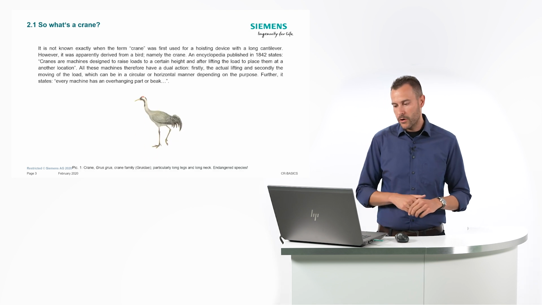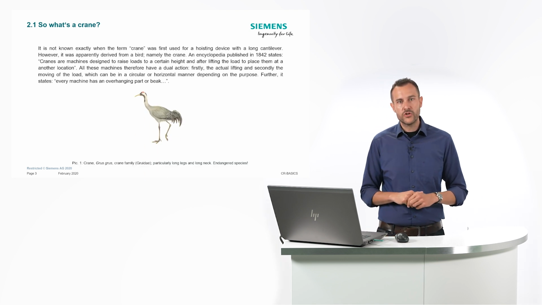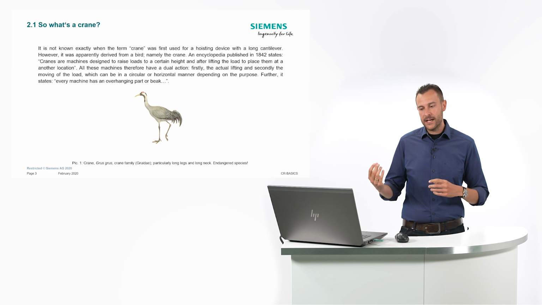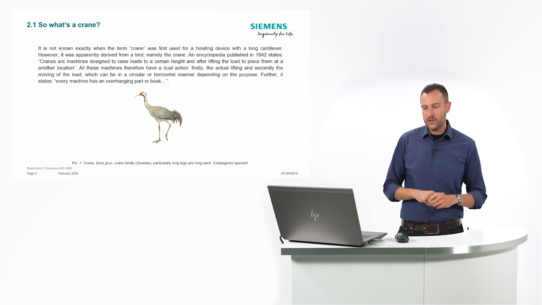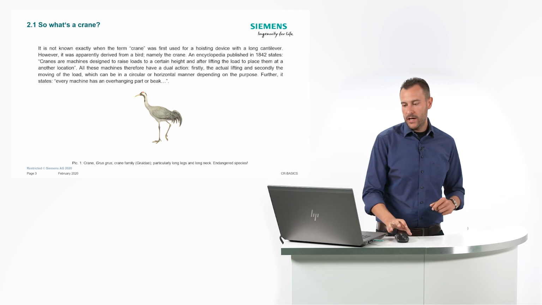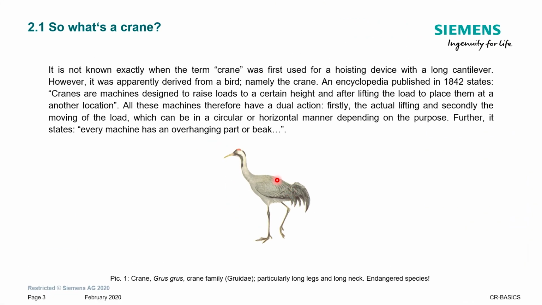The bird, the crane, in German Kranich, like Kran in German, looks a bit like a crane. You have the body, you have the piles, which are the long legs of a bird. Then you have the counterweight, here the back of the bird, and also a long boom with a hook.